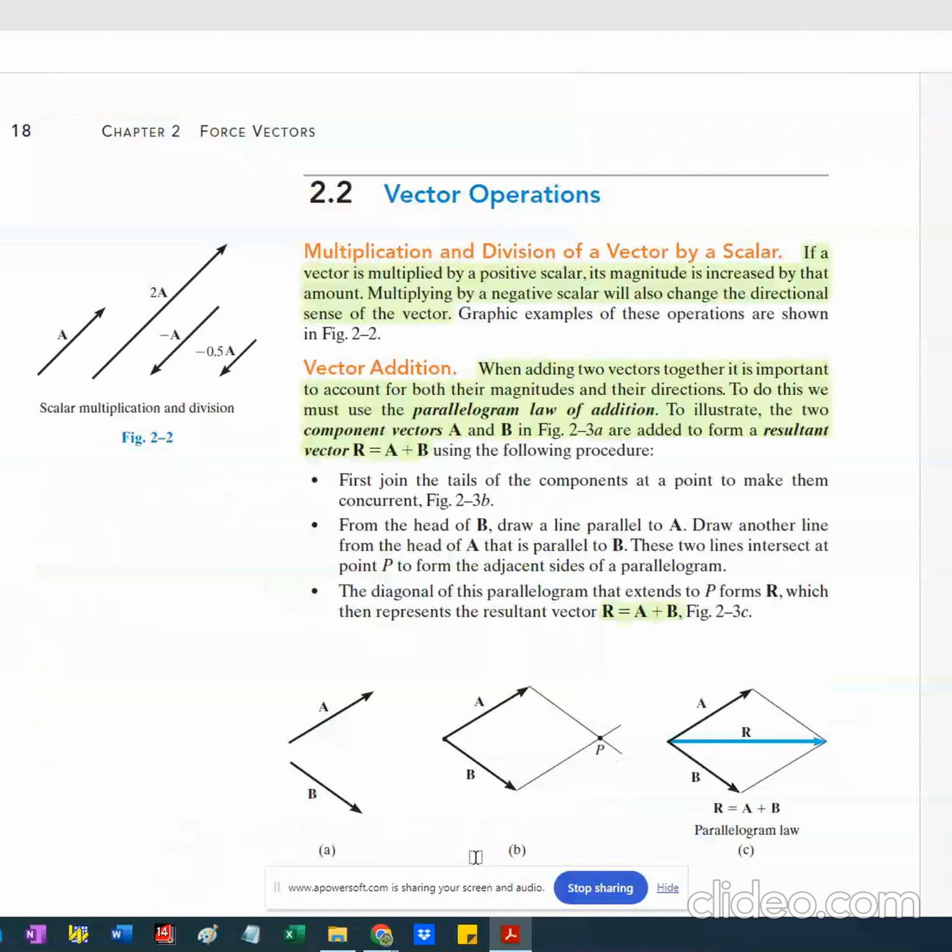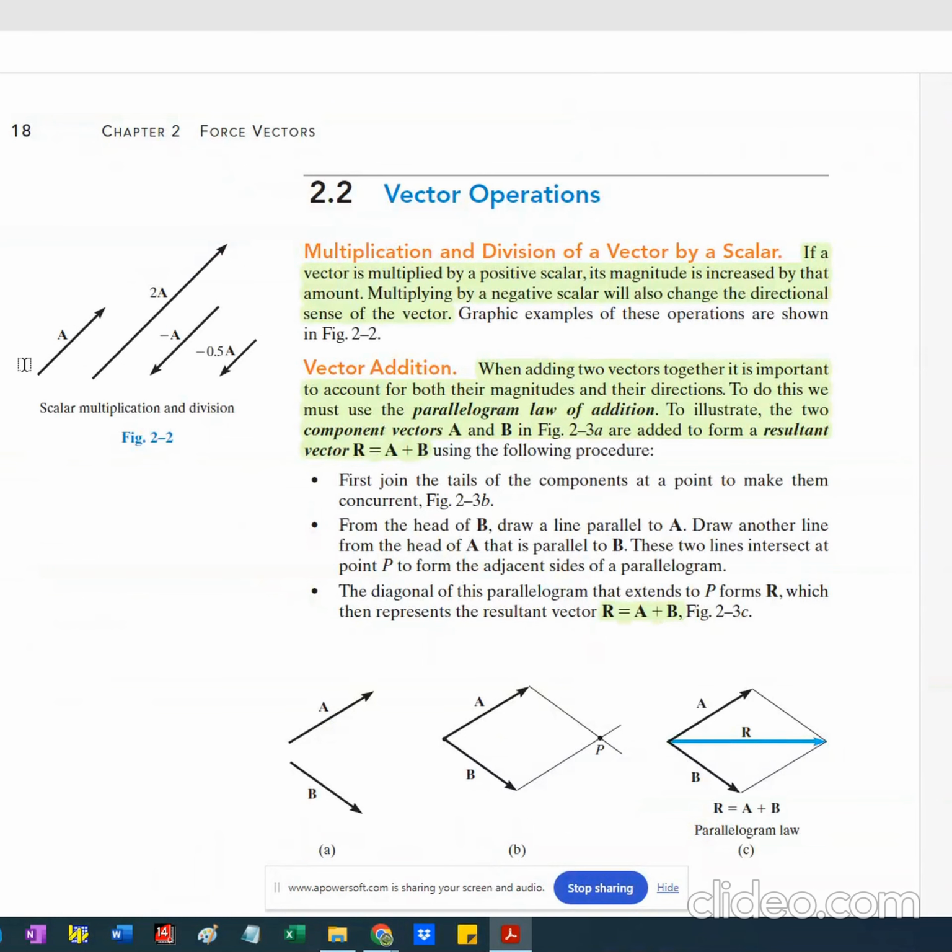Okay, so we have operations with vectors. You can have multiplication and division. Division is multiplying with a scalar less than 1. Multiplication is with a scalar greater than 1.